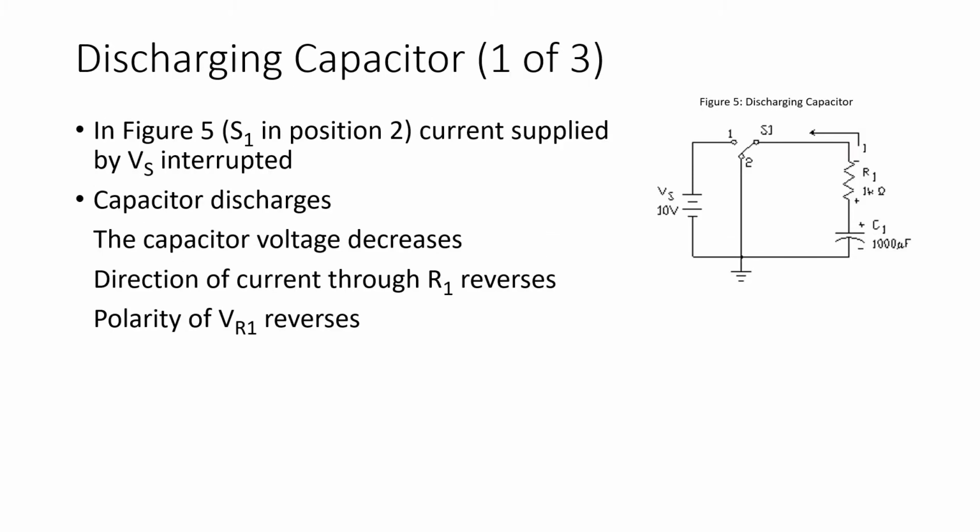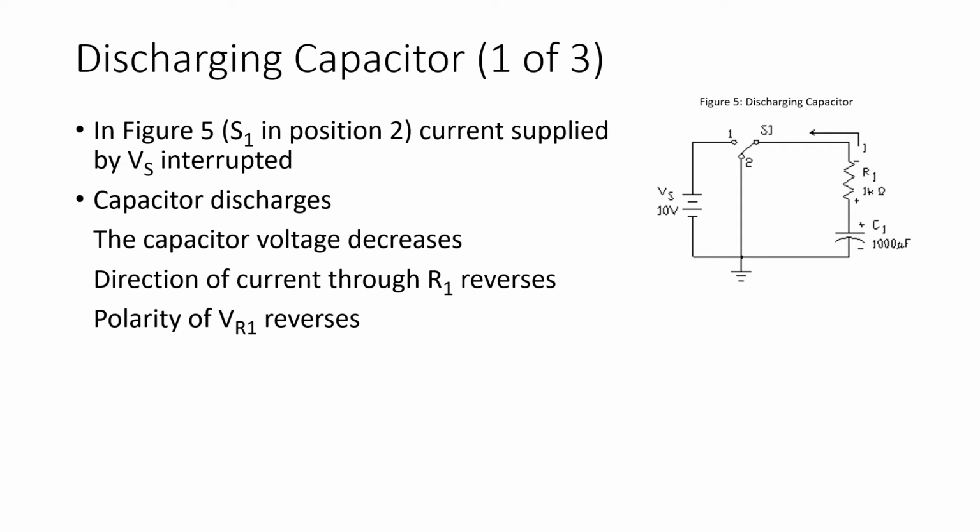Now, referring to the circuit of figure 5, we've changed the position of switch 1, the single pole double throw switch, to position 2. And note that no current is now supplied by the source, Vs. And now that the switch is in position 2, the capacitor will discharge.